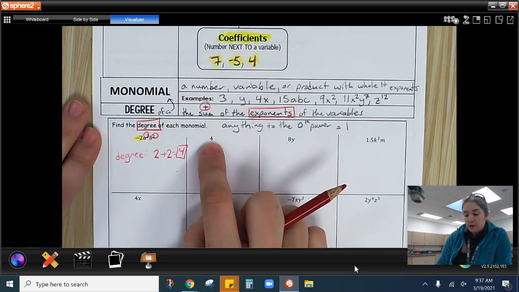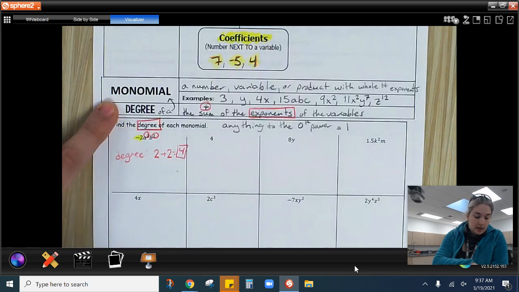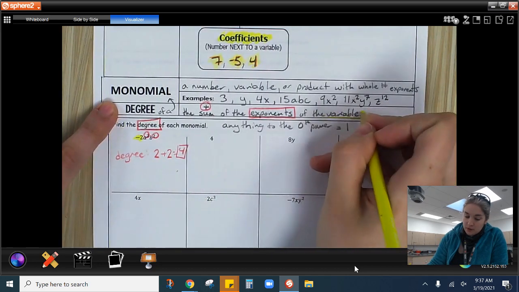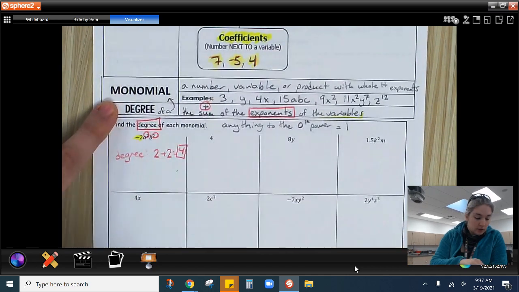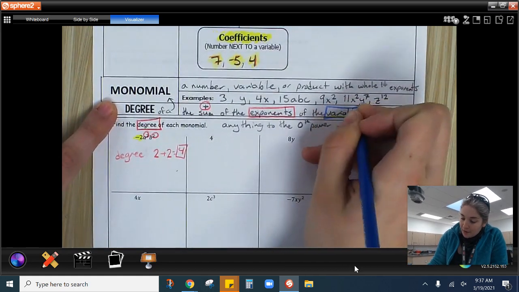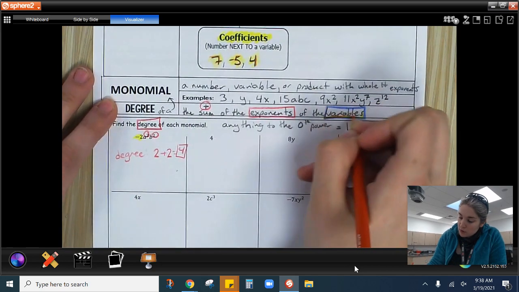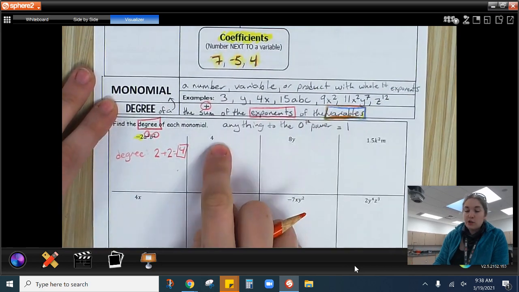So with this one over here, we have just 4. Well, the degree has to be of the variables. I'm going to use a different color. There we go, blue. The variables are the ones that have to have the exponent. So we actually have a variable here.